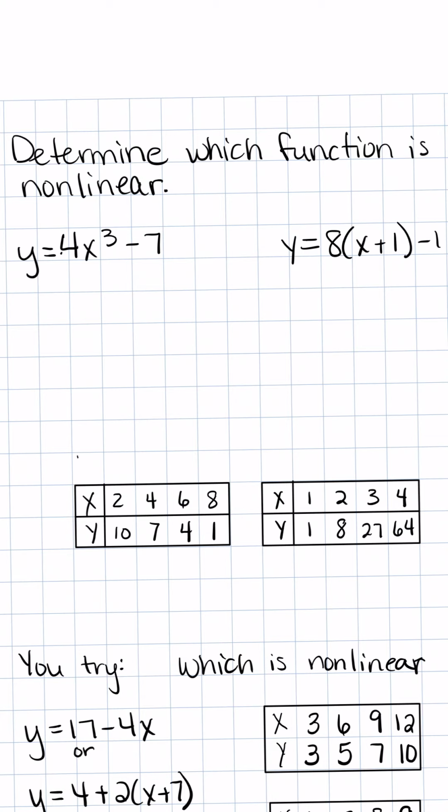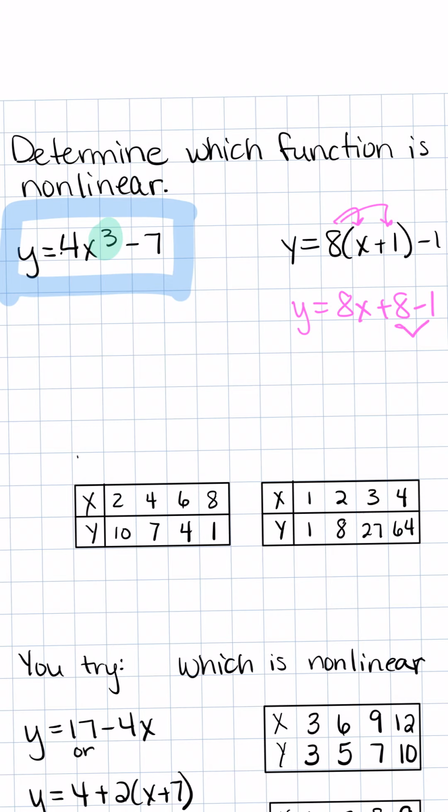So determine which function is nonlinear. Well, it told us that if the exponent is 2 or bigger, then it is nonlinear. So this one for sure is nonlinear, just because of that. This one over here, if you multiply that out, we're going to put this in here and here, then we get y equals 8x plus 8 minus 1.